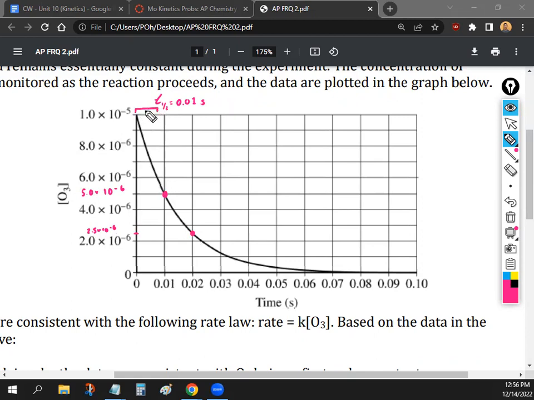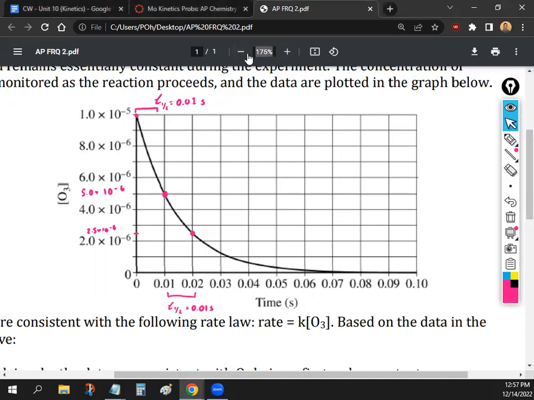The first half-life takes 0.01 seconds. What about the second half-life? What's the time it takes to go to the second one? Yeah, also 0.01. So if you guys notice, between here and here, the concentration changed, right? And between here and here, the concentration changed again. Did the rate change? No. So that's how we can know this is a first order reactant.